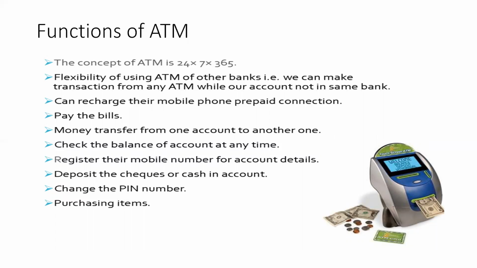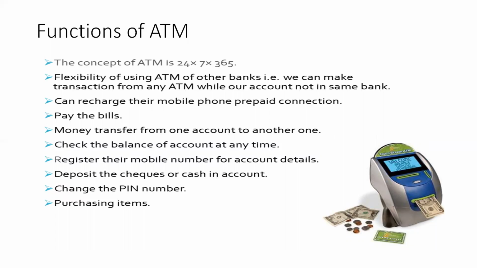The next important function is flexibility of using ATMs of other banks, that is, we can make a transaction from any ATM even if our account is not in the same bank. For example, if you have an account in State Bank of India, the withdrawal can be made from Citibank, ICICI Bank, or any other bank where the transactions are routed through ATMs.